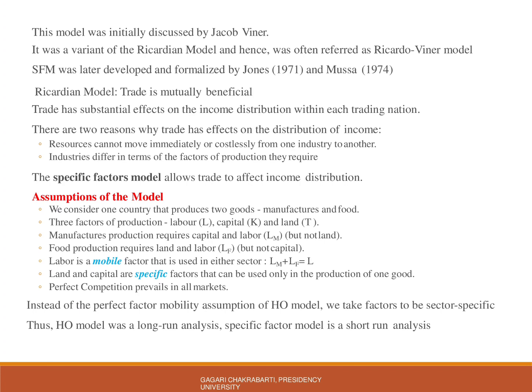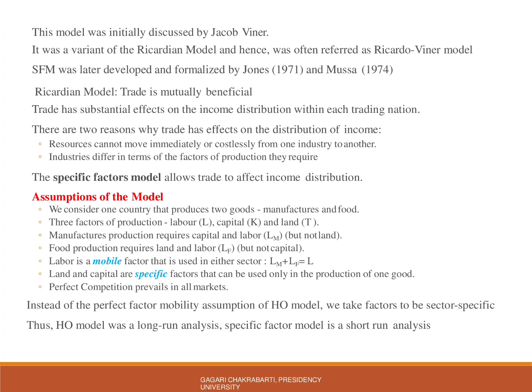Let us assume that Lm is the amount of labor used in manufacturing production. Food production requires land and labor but not capital. So, we assume that Lf is the amount of labor used in food production. For the entire economy, the total amount of labor is given.